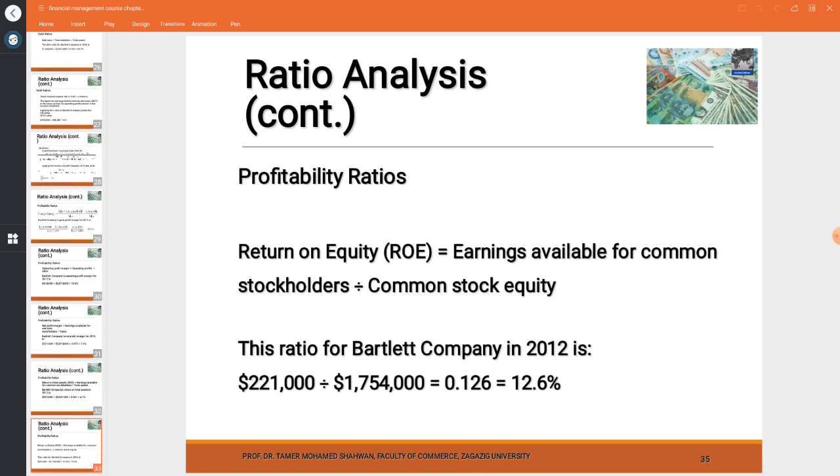This is why the level of the return on equity must be more than the level of return on assets. What does it mean? It means that if you invest $1 in the equity of this firm, you expect to get a net profit of 12.6%. You are going to achieve 12.6 cents for each dollar invested in the equity of this firm.